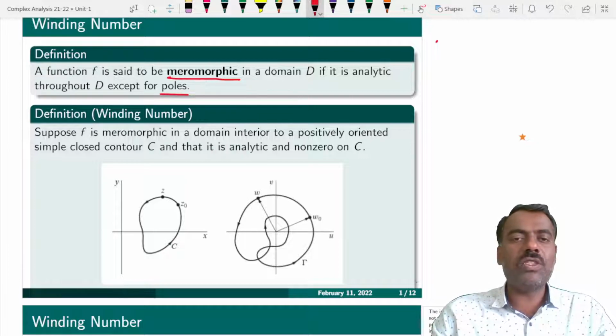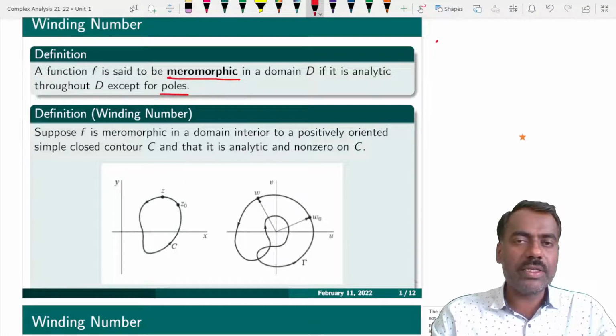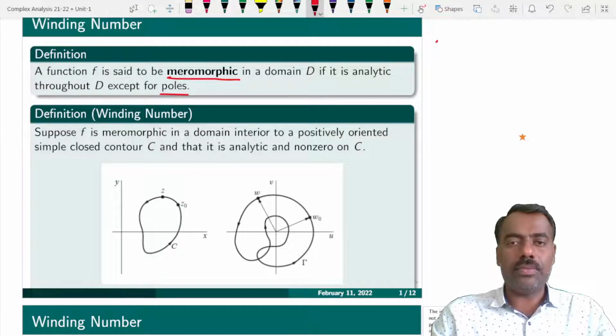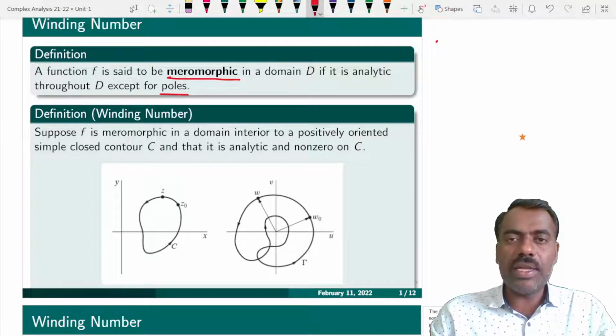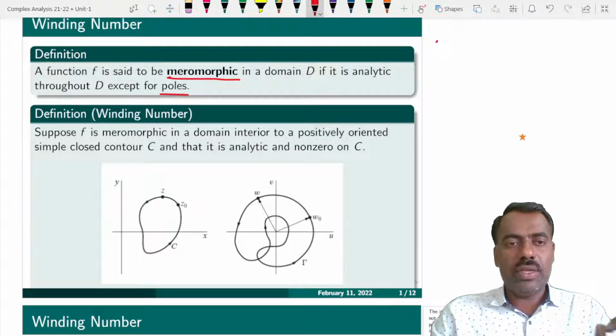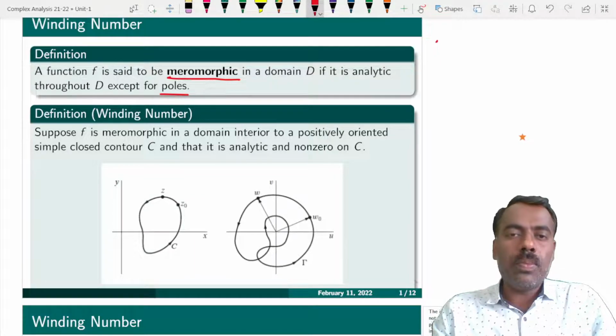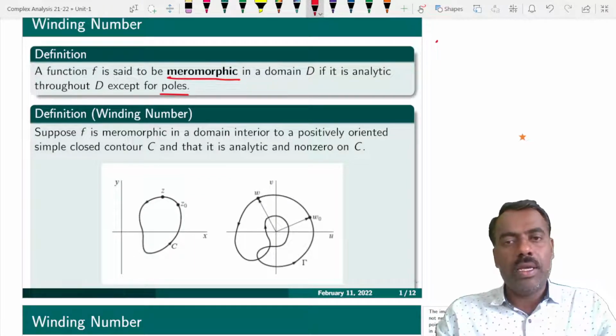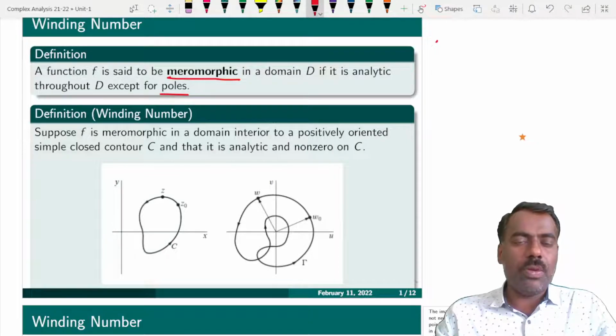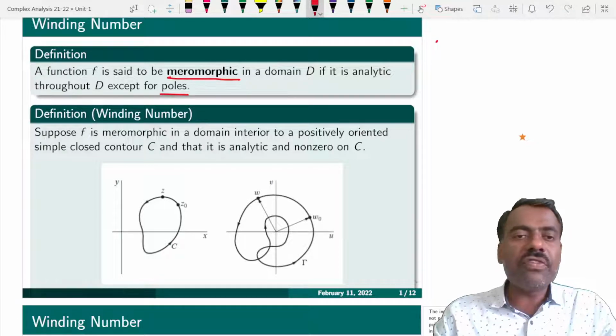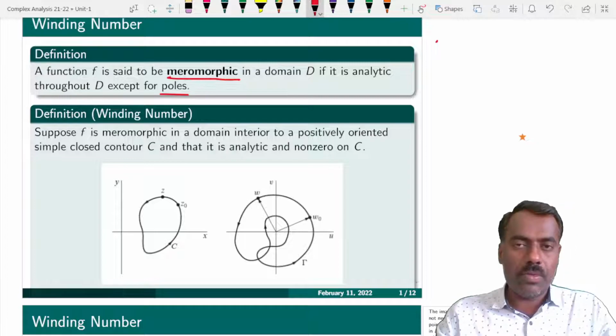Suppose it is not analytic at some points. If those points are singularities, they should particularly be poles. So a function is said to be meromorphic if it has only poles. Any analytic function we can call meromorphic.